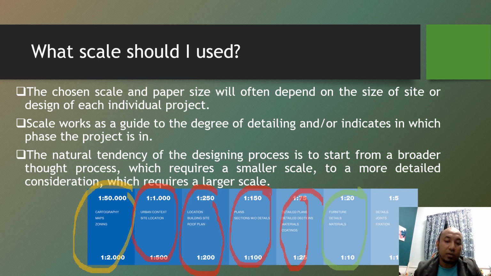Okay, the scale for the ratio 5:1 to 1:1 is the detailed joint and fixation. Okay. So you must understand the scale that you want to use for your measured drawing. Okay, so this one is very important for you when you want to draft the measured drawing.